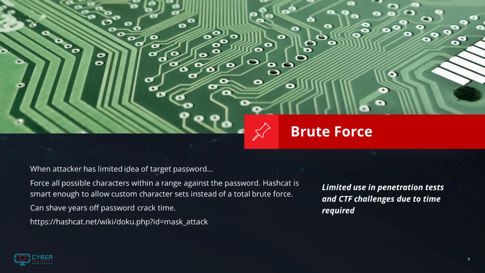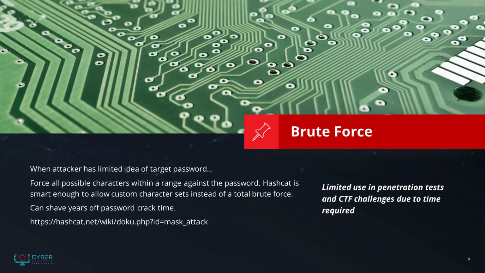Oftentimes there is no root password or something that an attacker might know, and therefore what they're going to try to do is a brute force attack. Hashcat will allow for brute forcing, but it's a little more clever than just a strict brute forcing of all possible characters. The creators know that oftentimes people follow specific patterns where they'll have letters followed by a special character followed by numbers or something like that.